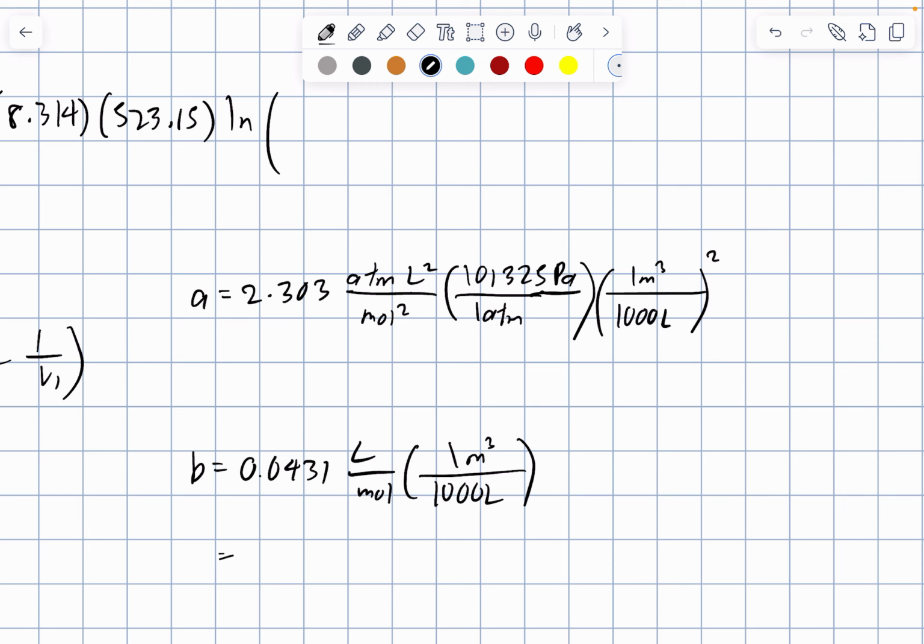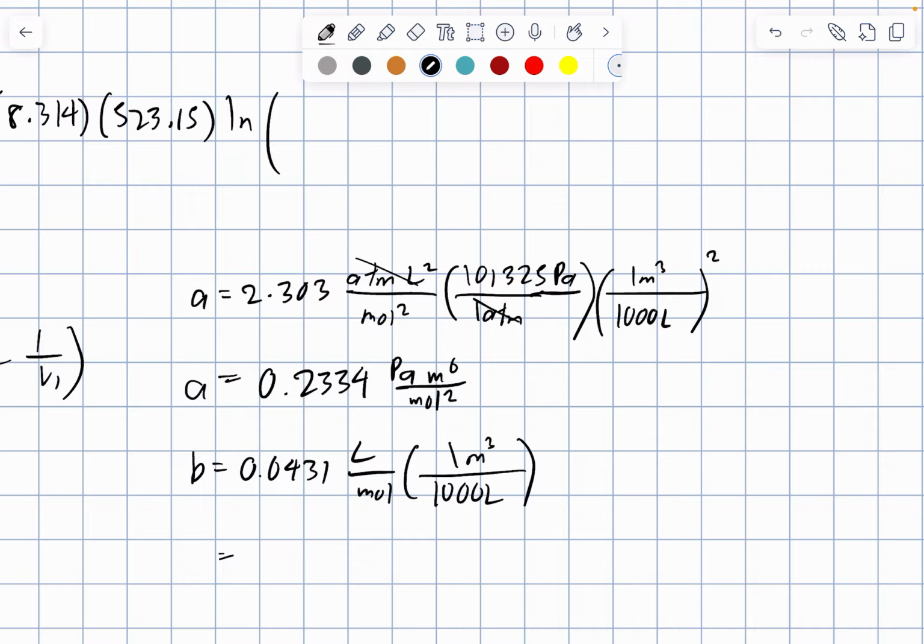2.303 times 101,325 over 1 times 1 over 1,000. What we get is 0.2334. The new unit is now Pascal meters raised to 6 per mole squared.